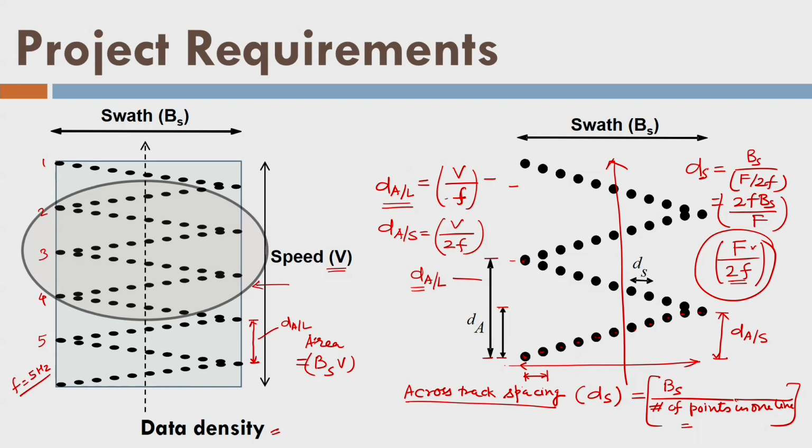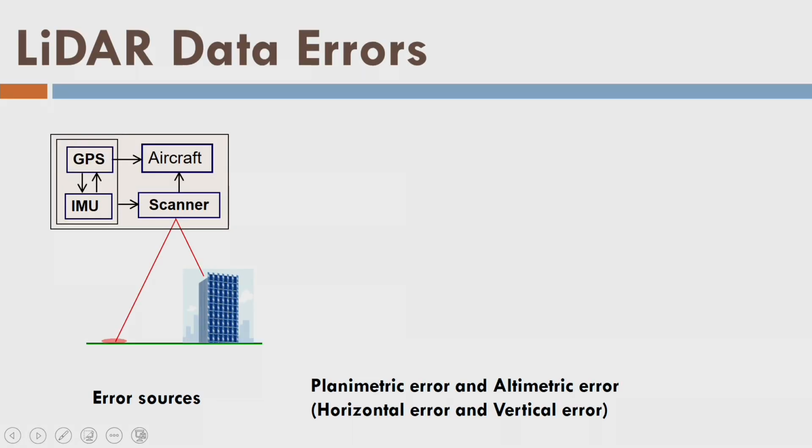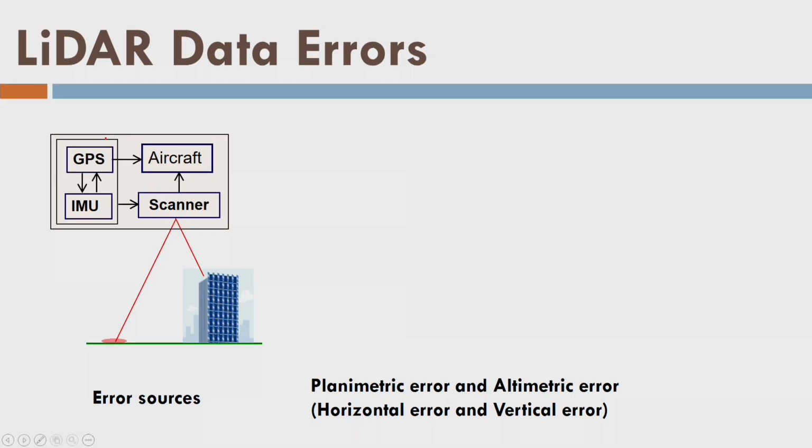At the same time, data density is going to tell us how much data is available in unit square area. Now, we see the LiDAR data errors. There is one more requirement, that is errors. We can see here that there are 4 elements.